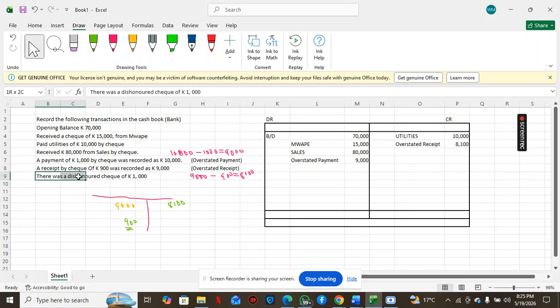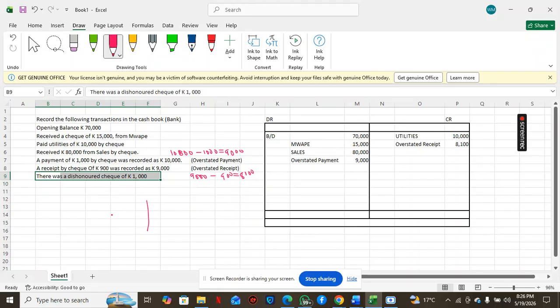Finally, there was a dishonored check of 1,000 kwacha. Whenever there's a dishonored check, the assumption is that someone paid you by check, but that person didn't have money in their bank account. That's insufficient funds. So initially you record that you've received the 1,000.